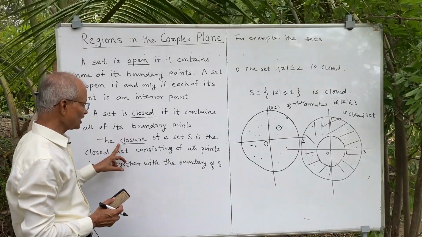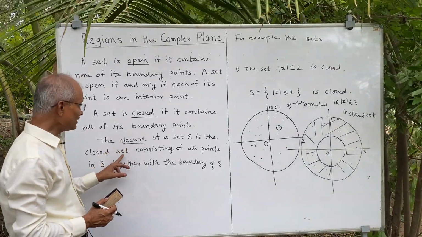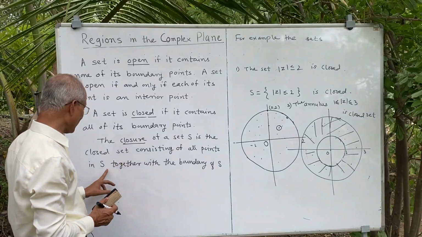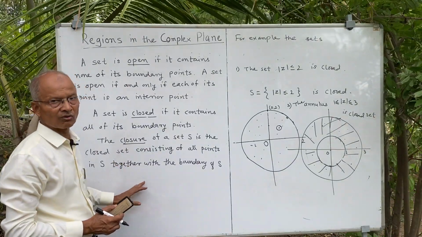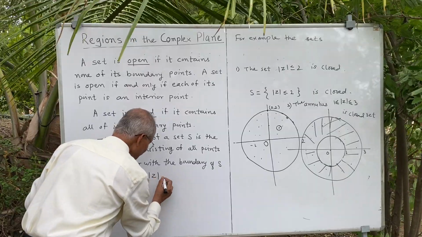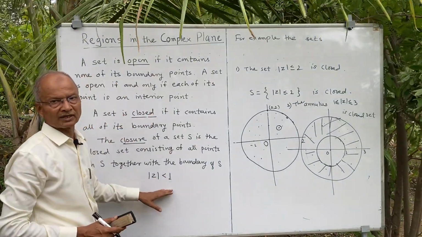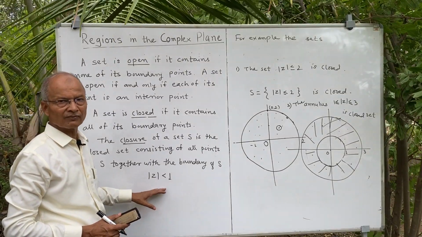And what about closure? The closure of a set S is the closed set consisting of all points in S together with the boundary of S. For example, if I consider |z| less than 1, this is an open set, but what will be the closure of this set?